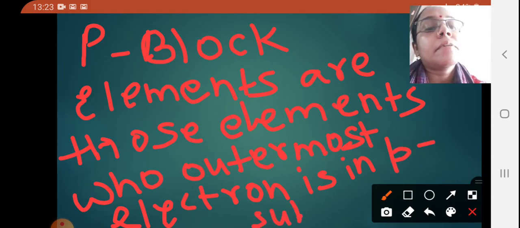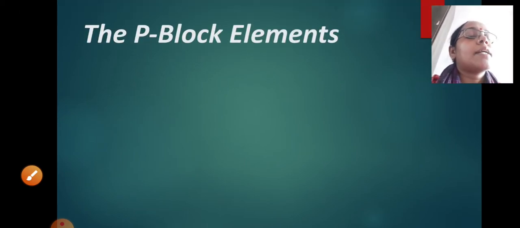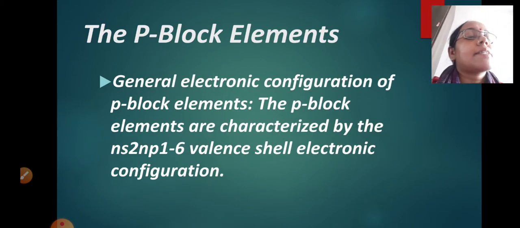Okay, subshell, S-H-E-L-L. So what are P block elements? P block elements are those elements whose outermost electron goes in the P subshell.